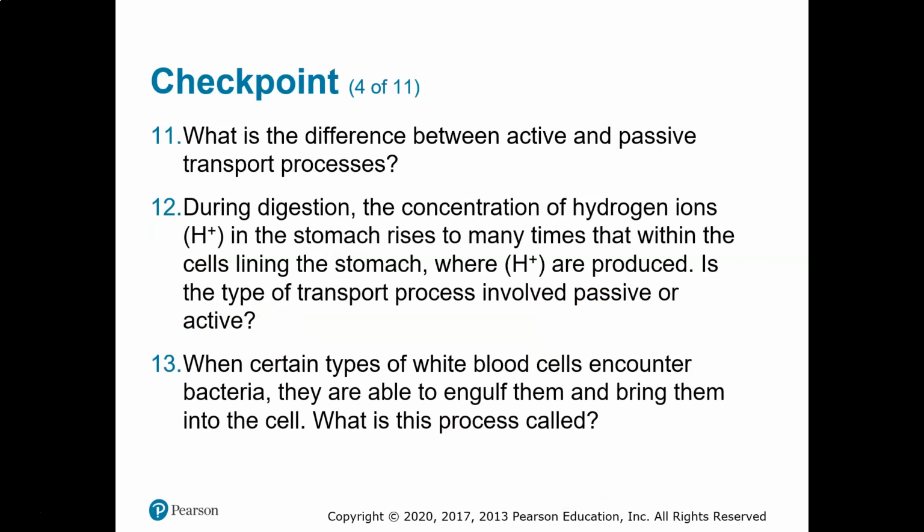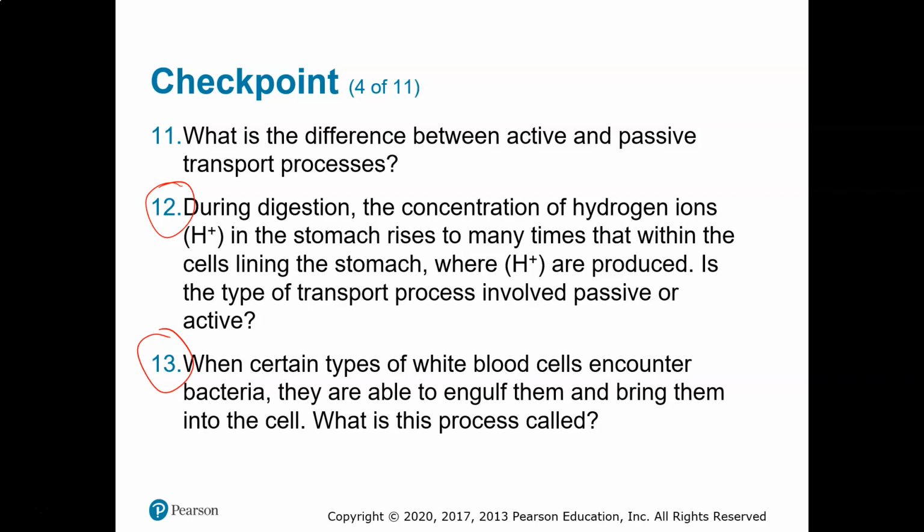Okay, let's look at number 12 and 13. During digestion, the concentration of hydrogen ions in the stomach rises to many times that within the cells lining the stomach, where hydrogen ions are produced. Is this type of transport process involved passive or active?